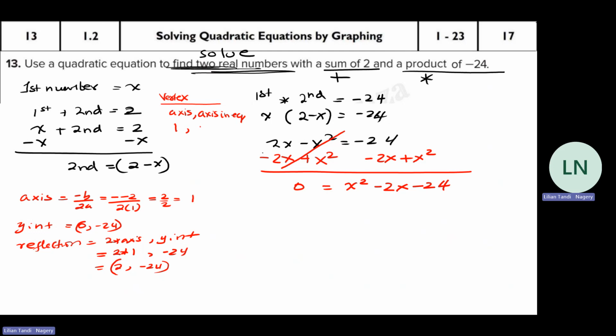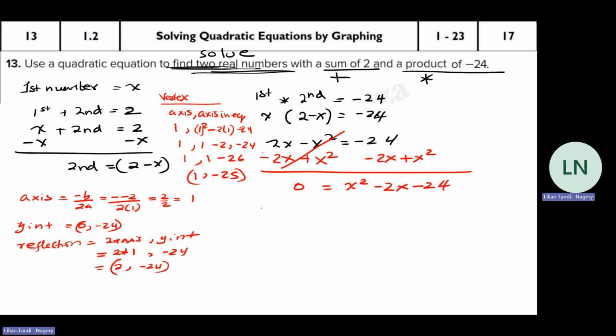Axis in equation was 1 squared minus 2 times 1 minus 24. 1 minus 2 minus 24. 1 minus 26, which will be negative 25. So this will be my vertex. Okay?